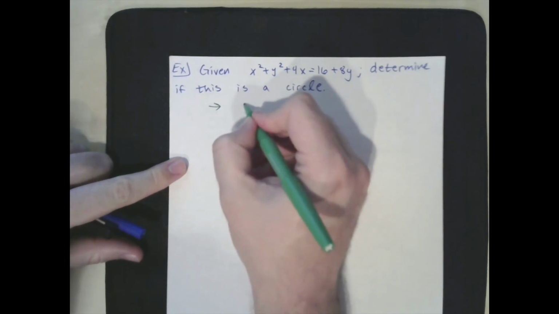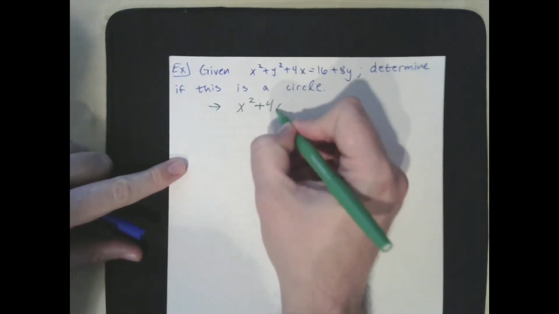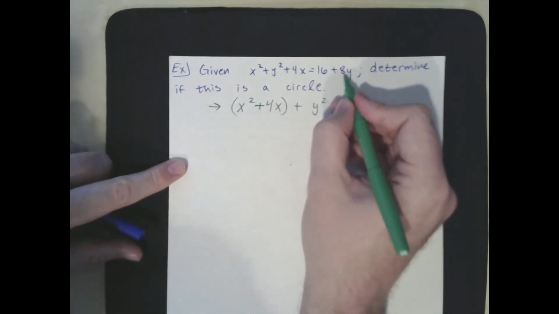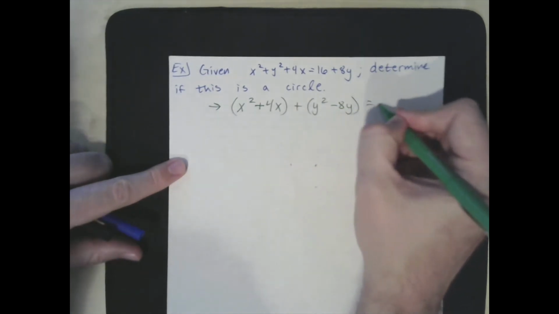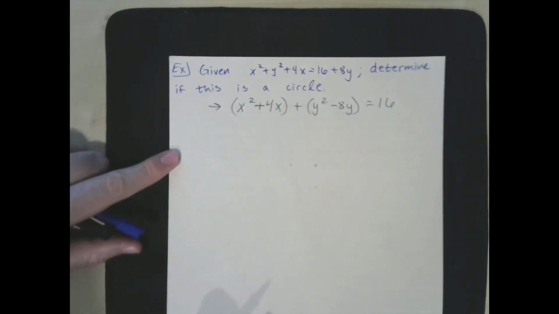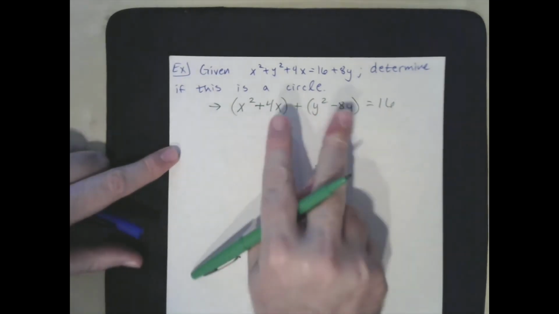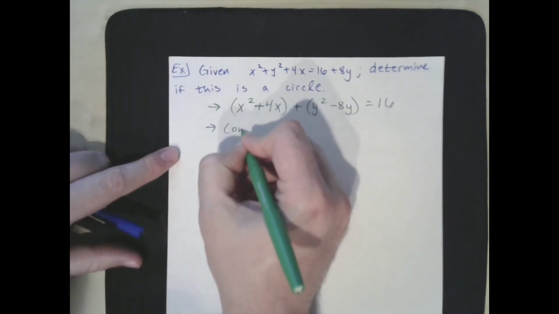So the first thing we're going to do is rewrite x squared plus 4x in parentheses, and then plus y squared, and I'm going to move the 8y over by subtracting it, minus 8y, equals 16. So don't get fooled. Just because this is a perfect square does not mean that this is a circle yet. We have to now complete the square twice.